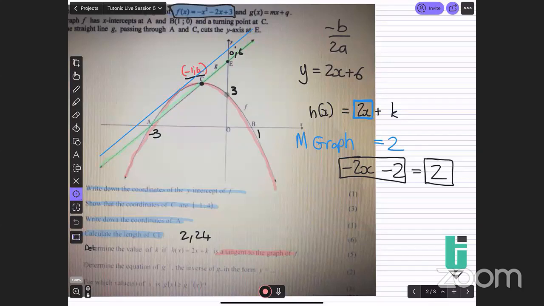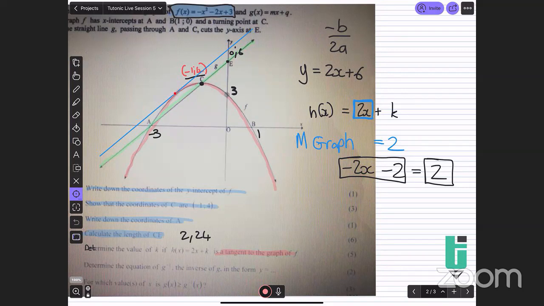Because remember, the question says determine the value of k such that this graph is a tangent. So if it's going to be a tangent, then their gradients must be the same. Guys, that makes sense? Yes, it does.